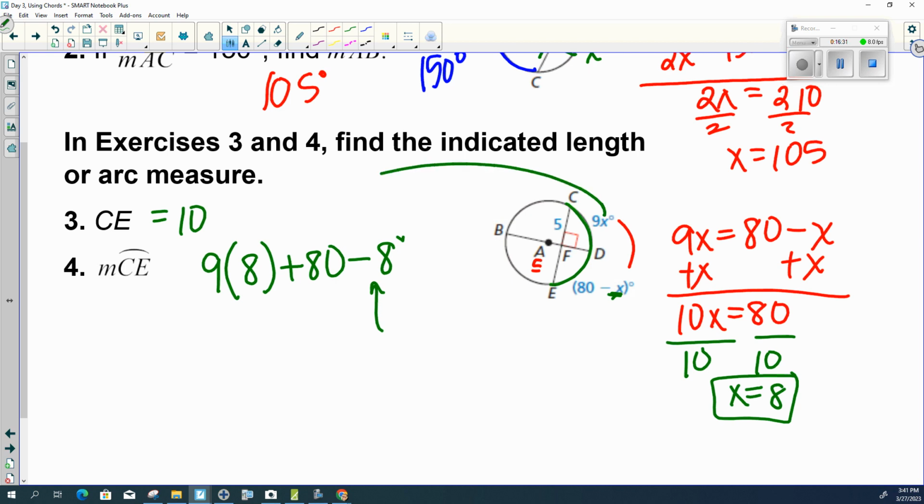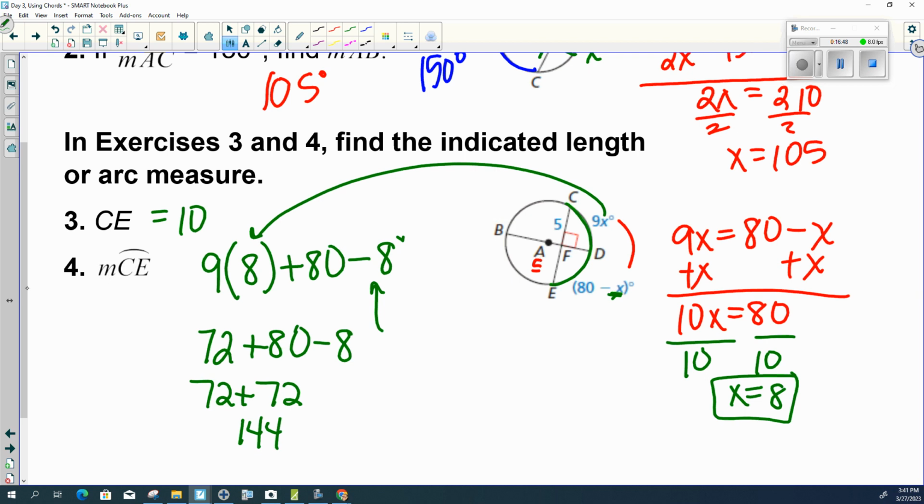X, 8. Go ahead and finish that. Don't forget to put degrees if it's asking for the measure of an arc. Otherwise, I might think it's the length.